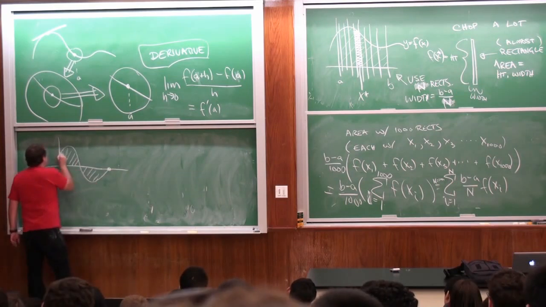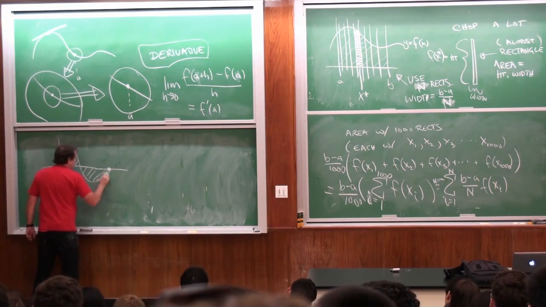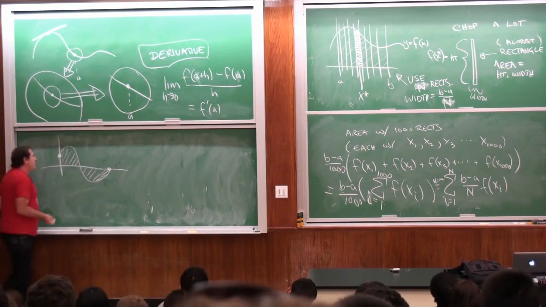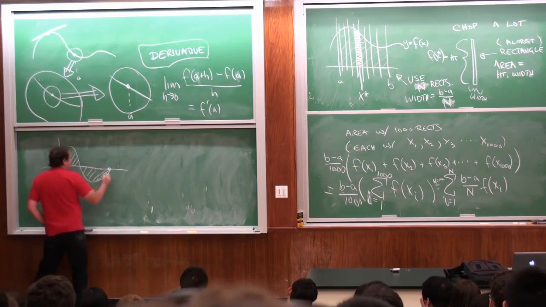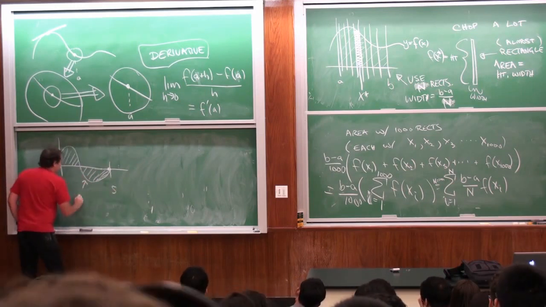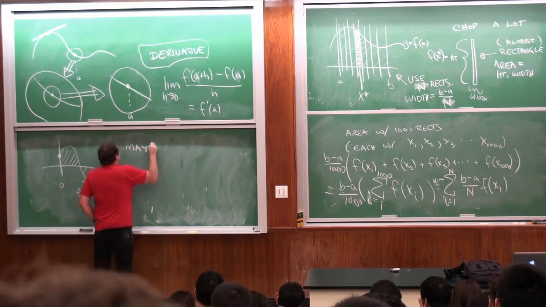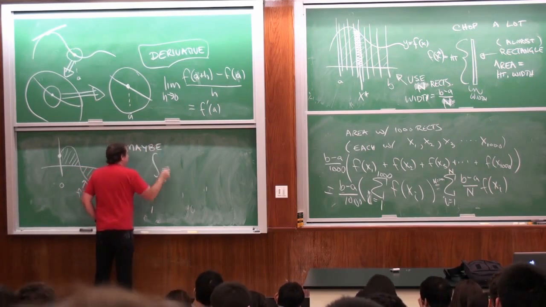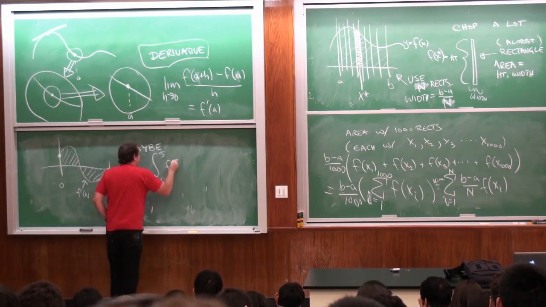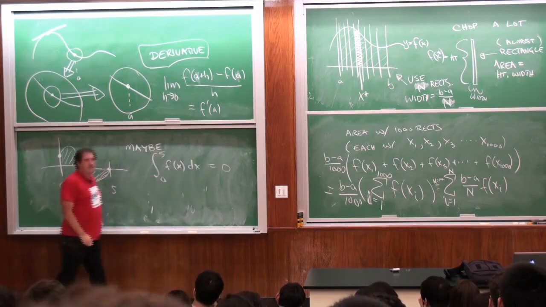So, let's add a little more. Now it makes sense. So, it could be true that the integral from 0 to 5 of this function f of x is 0.